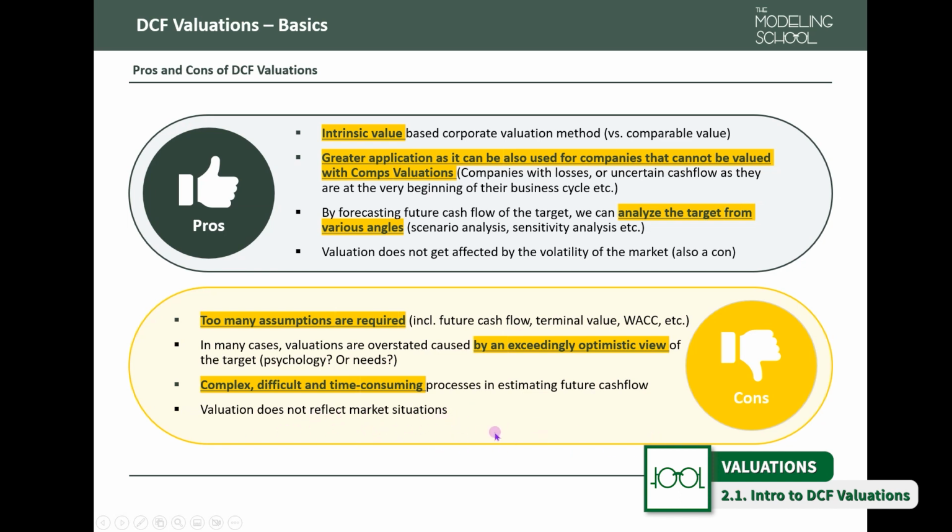Market situations are very important when you're raising capital or trying to sell or buy a specific company, but when you're doing DCF valuations, it's very difficult to capture that market situation. So that's going to be a con.